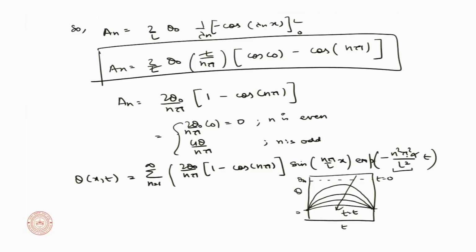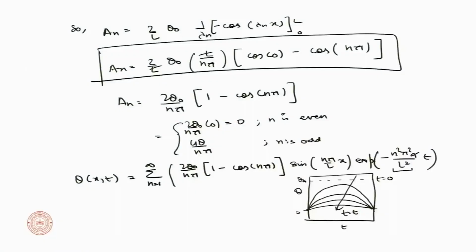The first term is pi square alpha over L square into t. The second term will be 4 pi square alpha over L square into t, and then 9 pi square and 16 pi square and so on. Remember, that is exponential of minus n square. So, this negative exponential will decay very fast, and therefore we can ignore fourth and fifth order and higher order terms, and just take the first three terms.